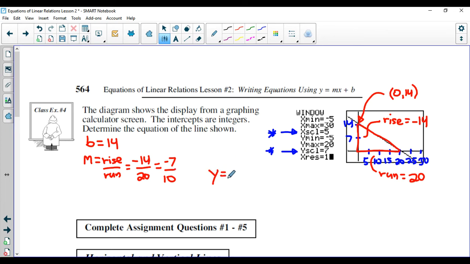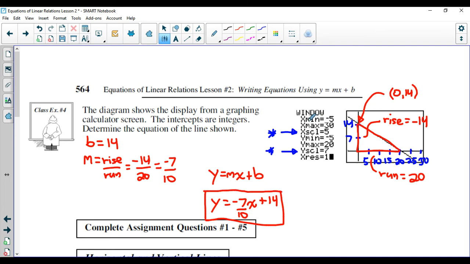And then we just put it into the form y equals mx plus b. So again, that's my slope-intercept form, y equals mx plus b. Then the equation of this line would be negative. So the slope is -7/10 x, and then plus the y-intercept of 14.